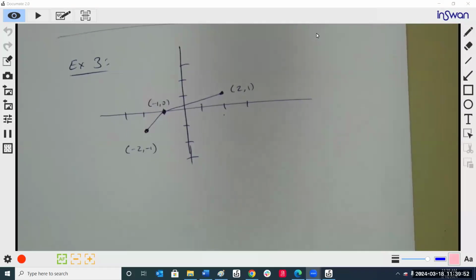This example says, show a one-to-one function, draw the graph of its inverse. We know it's going to have an inverse because it satisfies the horizontal line test. So what would the inverse look like?